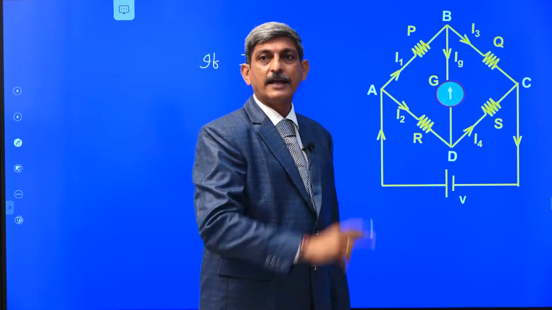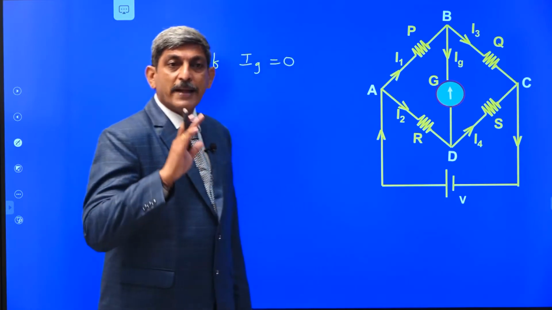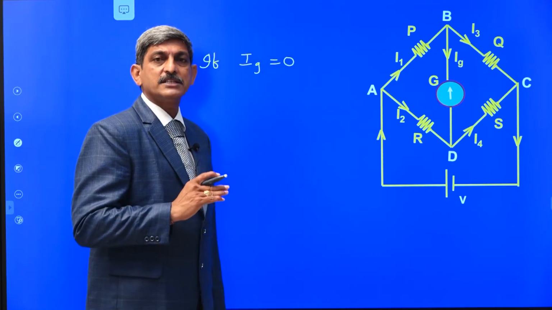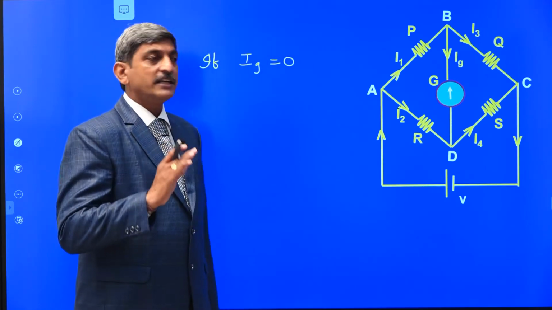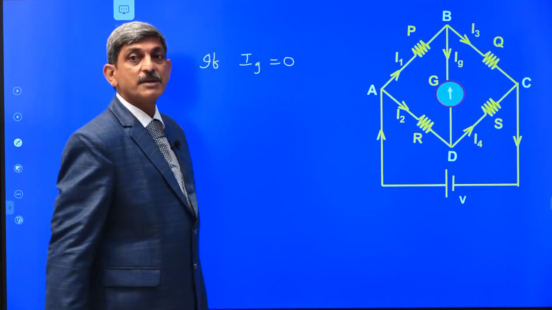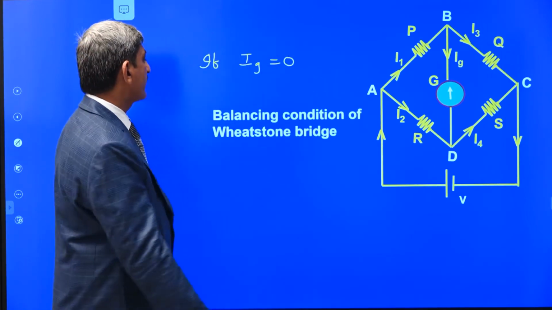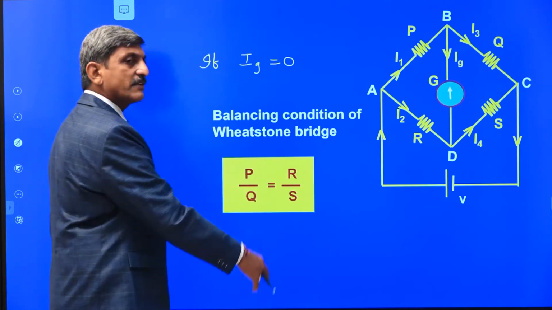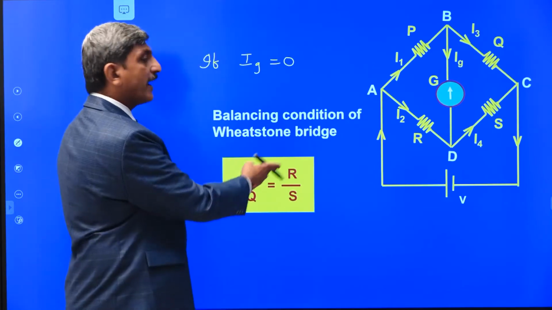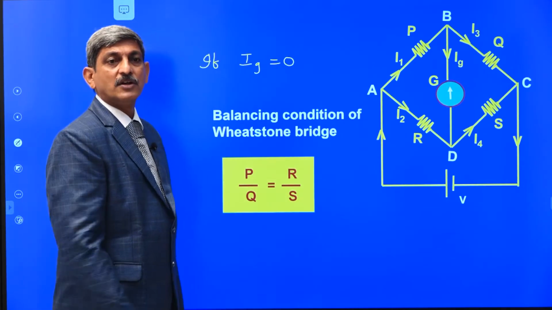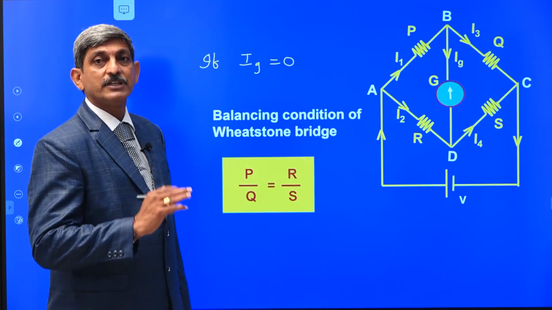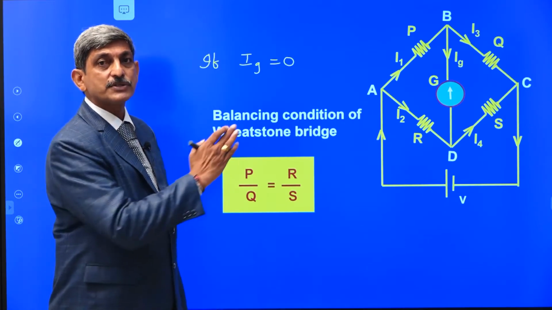Under the balancing conditions of the bridge, we derive the relation for the 4 resistors, which is named as the balancing condition of the Wheatstone bridge, and that balancing condition is P by Q is equal to R by S, which gives the relationship between the 4 resistance values used in the network.